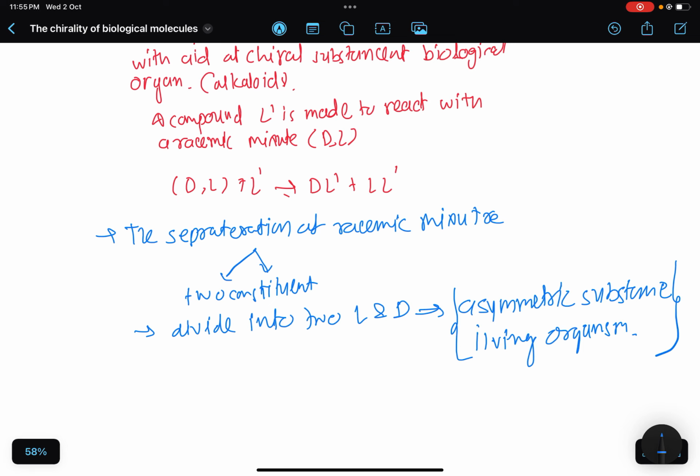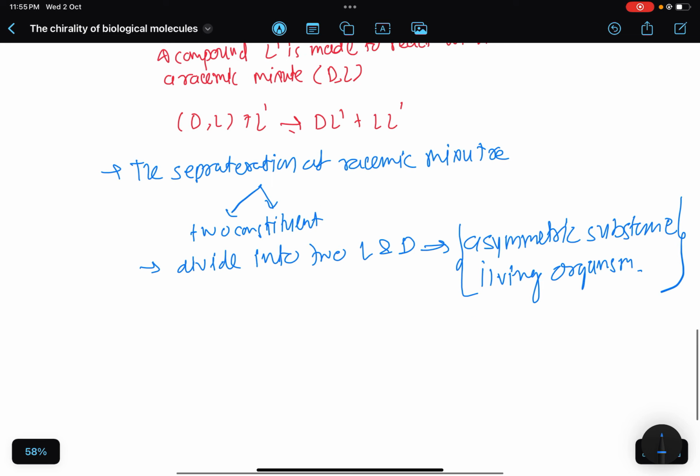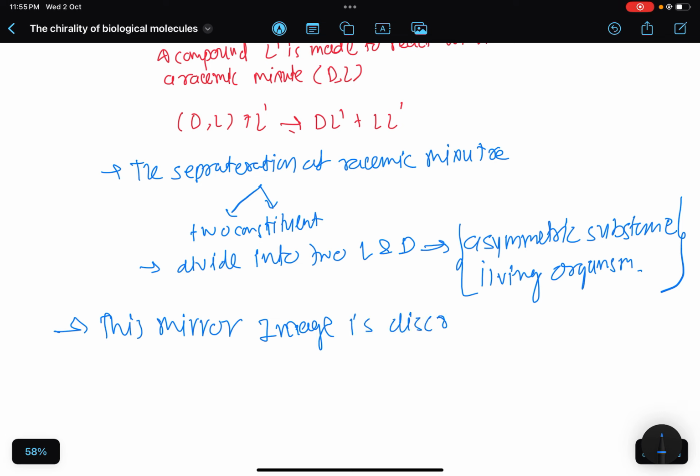These help to discriminate L and D forms, and this mirror image was discovered by Pasteur in 1848.